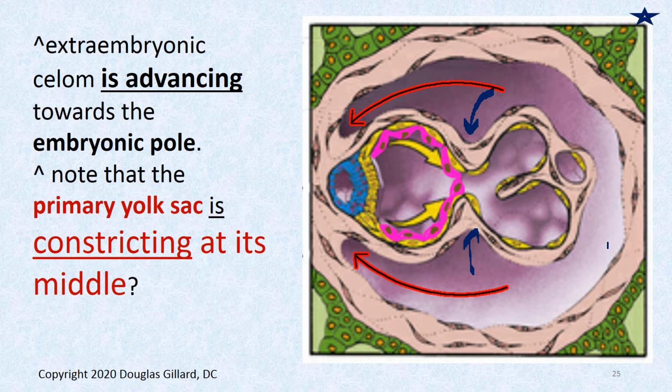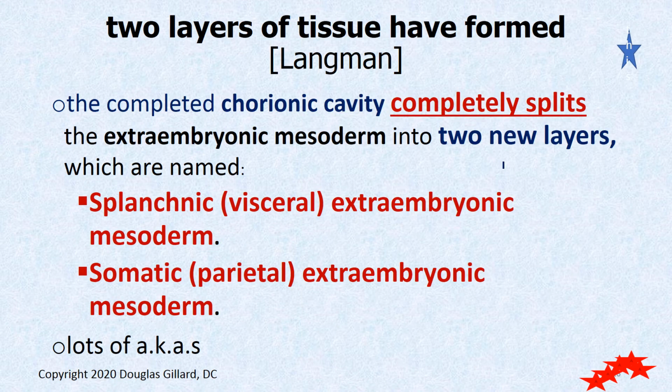So we don't understand how this happens, but this chorionic cavity somehow is pushing in here really strongly. And in fact, it's going to pinch this thing off right here. And all of this is going to degenerate away into nothing. And we're going to be left with what's going to be called the secondary yolk sac, because the primary yolk sac is gone. So I just jumped ahead there, but yeah, we just created some new tissue layers.